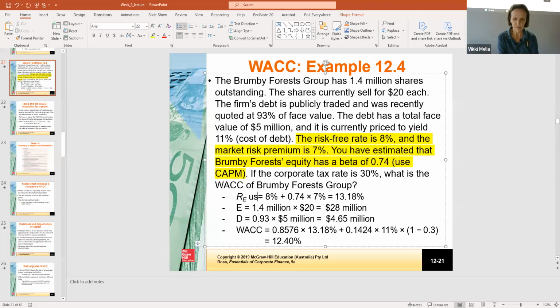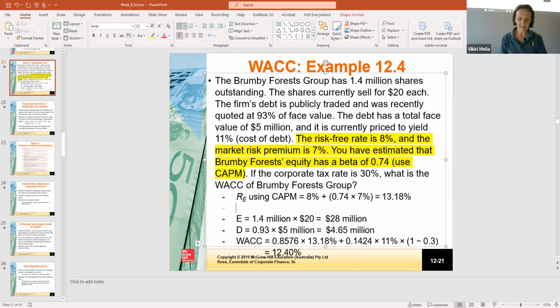So the cost of equity using the CAPM equation is equal to the risk-free rate, RF, plus beta multiplied by the market risk premium. So the cost of equity is 13.18%. We can add in the cost of debt before tax was given as 11%.